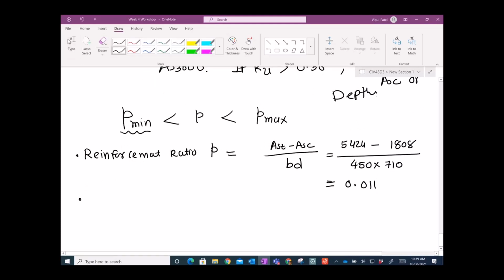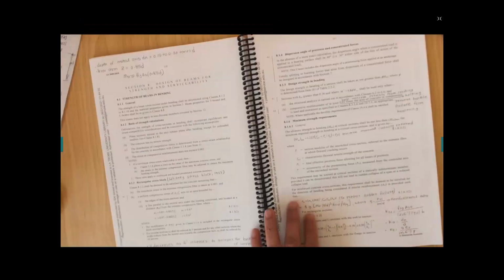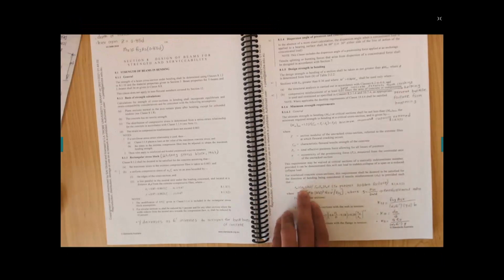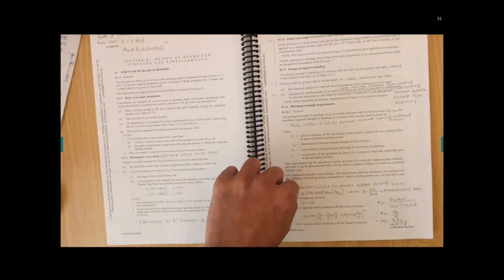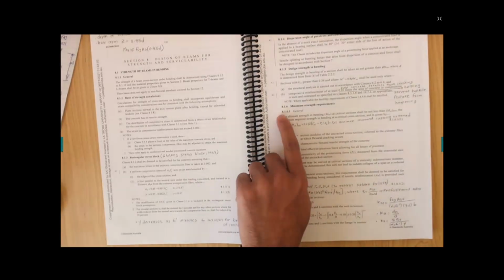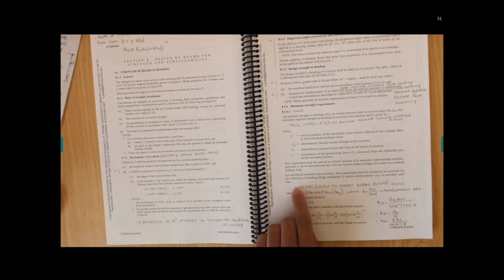Let's calculate this rho minimum. How are you going to calculate the rho minimum? This is AST minimum. So if you bring this B and D across, that becomes minimum reinforcement, because this is the minimum area of the reinforcement in clause 8.1.6.1. So AST, B and D, bring it across. You can write alpha B. Alpha B is 0.2. You can check it here, alpha B for rectangular section 0.2.